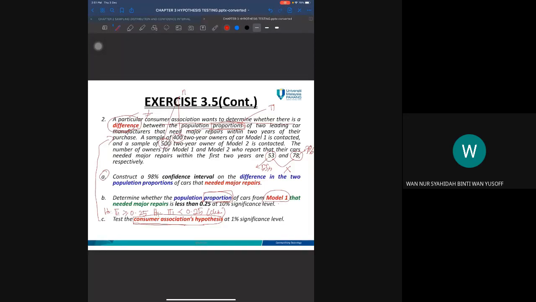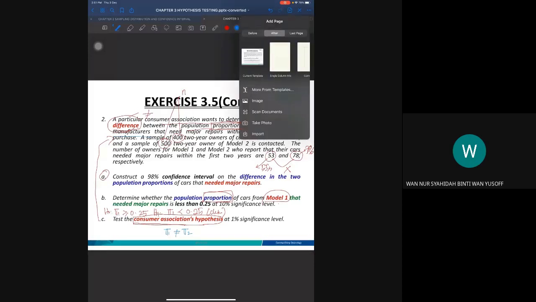In this question, it is a general one of the two leading car manufacturers that need major repair. So it's up to you. You can take model 1 as the first population or model 2 as the first population. To be easy, we just make model 1 the first population. So you will have pi 1 not equal to pi 2. H0 or H1? It is H1.